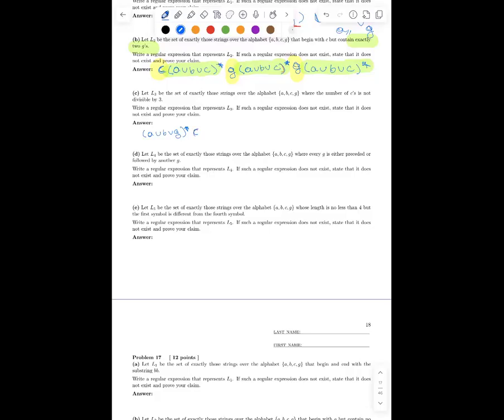So first I need C, A or B or G again. C, A or B or G. 1, 2, 3.